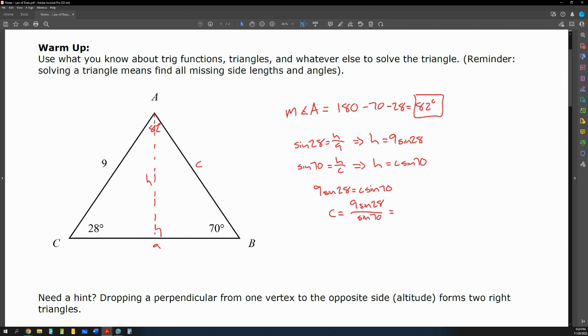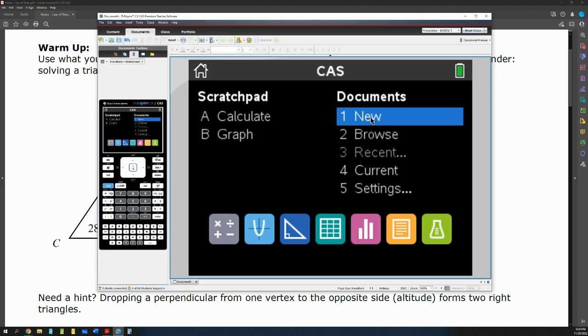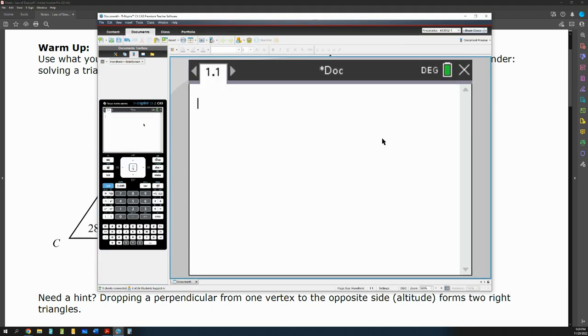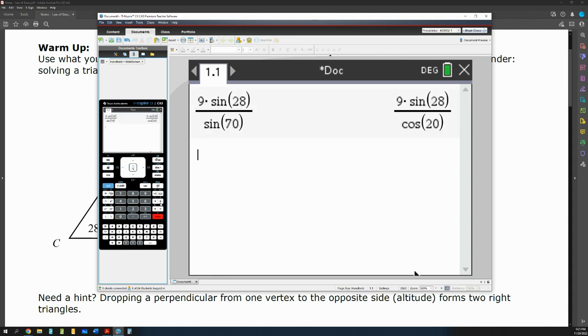Just out of curiosity, let's go ahead and find a decimal approximation for that. Open up your calculator and a new document. I'm going to hit Control Divide to get that fraction bar, then 9 sine of 28 over the sine of 70. Make sure you're in degrees mode. If you need to change, click in the top right, and that's going to switch it between degrees and radians.